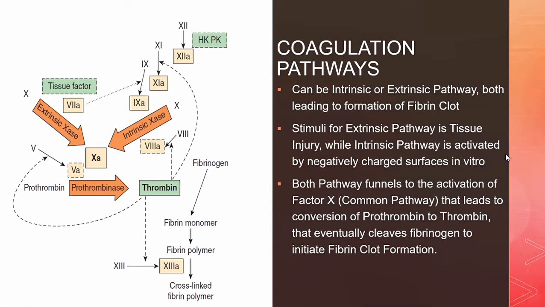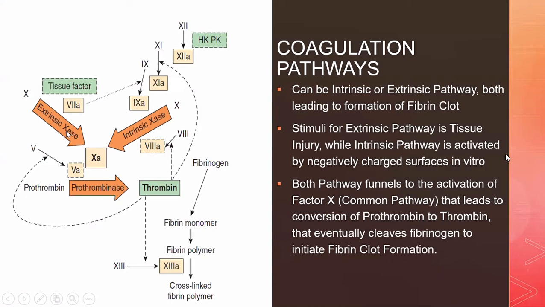Madaling ma-memorize ang extrinsic pathway. Kasi ang extrinsic pathway, dalawang factors lang. Factor 7 and factor 3. Your tissue factor and factor 7. And meron tayo, generally speaking, this one. This is the common pathway. Ito siya. Yan yung common pathway.